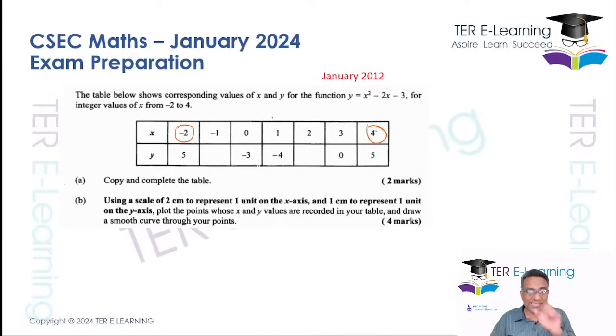They gave us a table and we need to complete the table. All we need to do to complete this table is substitute -1 into this equation and work out what this value is. Can you all quickly work that out for me? What is that y value that corresponds to -1?